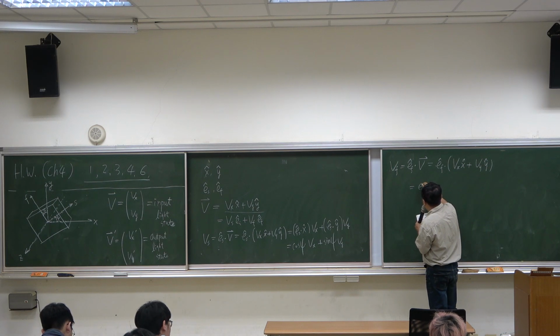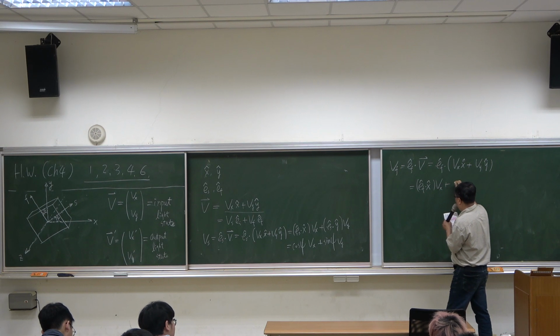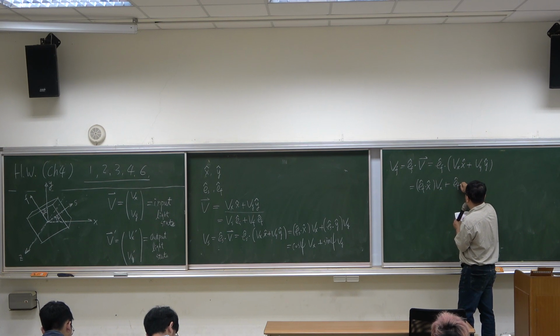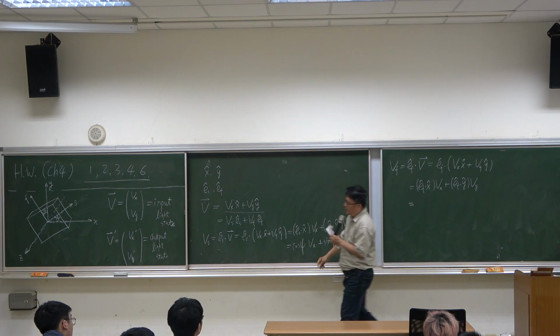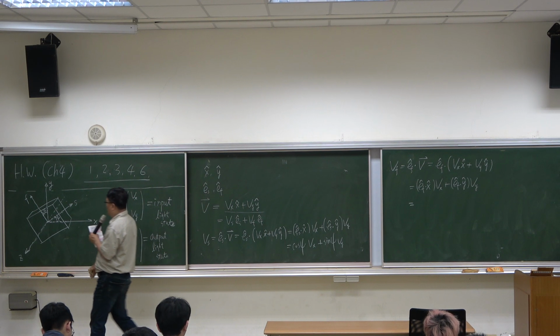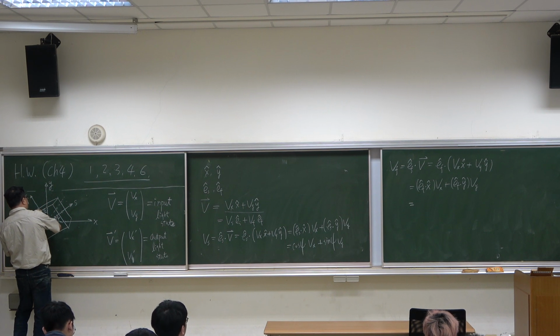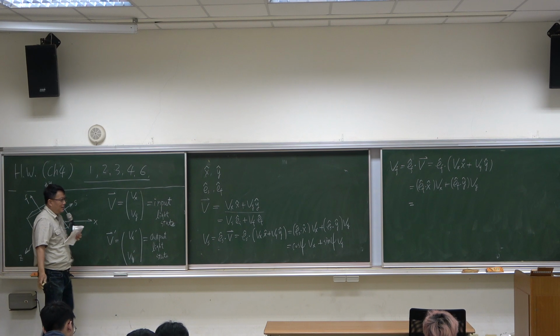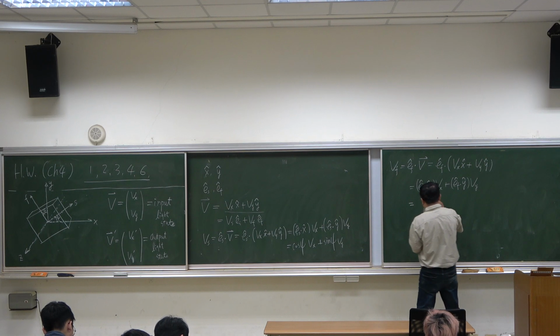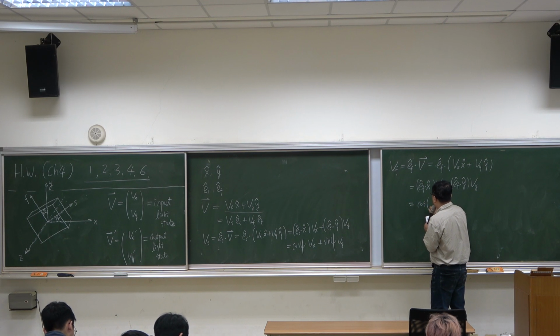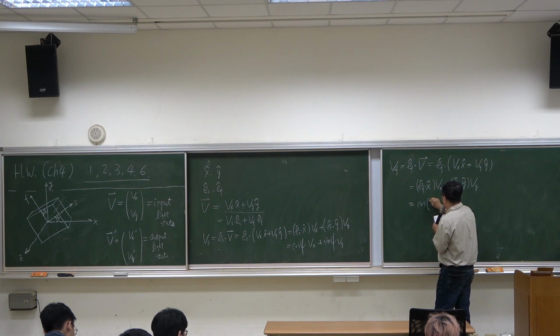So we have Ef dot x times Vx plus Ef dot y times Vy. And the angle between Ef and x is half pi plus psi.